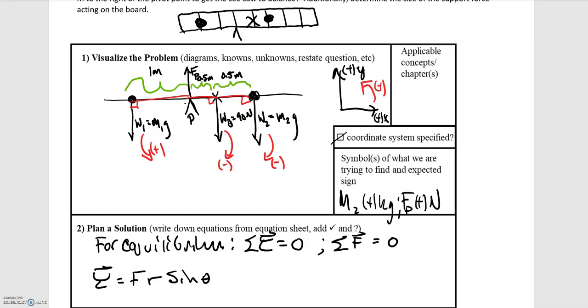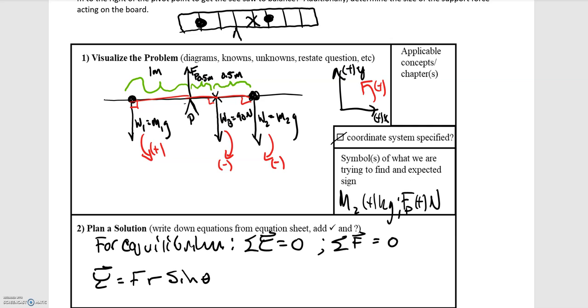So planning our solution, we know that in equilibrium, we have rotational equilibrium, which means that the sum of the torques must sum to 0, since those tend to cause a rotation. And then if we're not accelerating, then the sum of the forces must be 0 as well. We know that the torque is equal to the force times the distance from the force to the pivot point multiplied by the sine of the angle between the force vector and the distance vector.